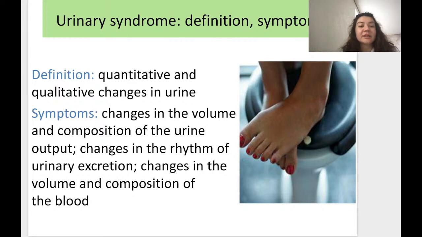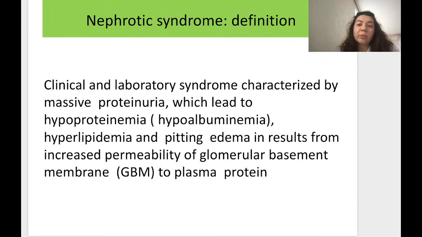Symptoms of this syndrome are changes in the volume and composition of the urine output, changes in the rhythm of urinary excretion, and changes in the volume and composition of the blood. And that's all about urinary syndrome. It is the shortest.